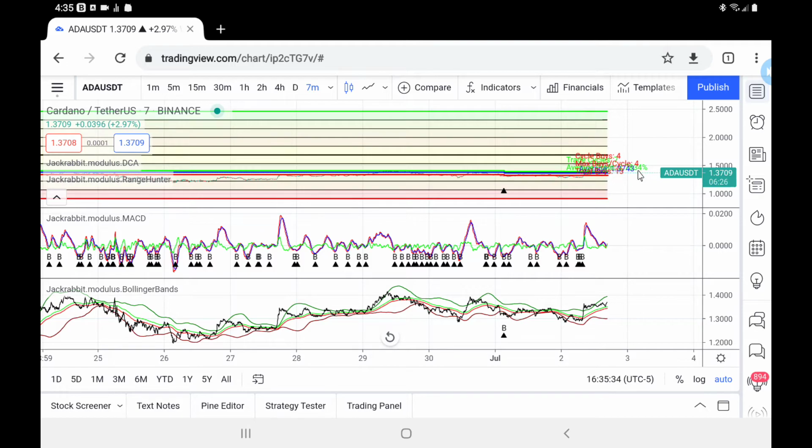Okay, 4 purchases per cycle. That's still reasonably well. And we see the charts here. Let's hide Range Hunter for a moment.